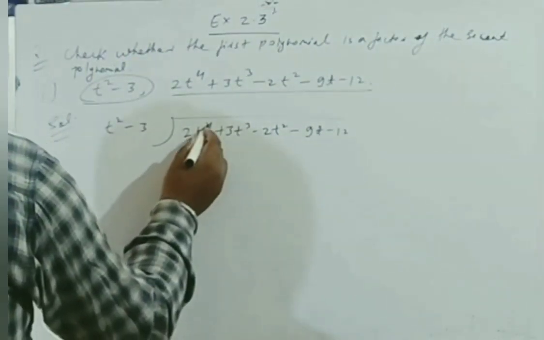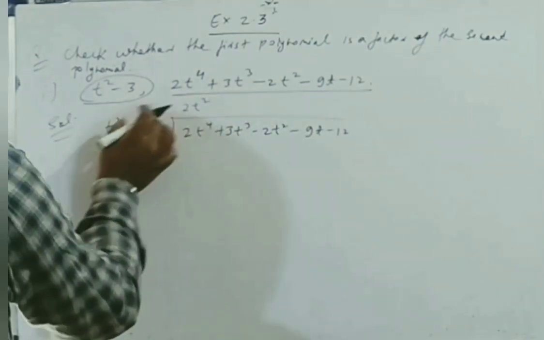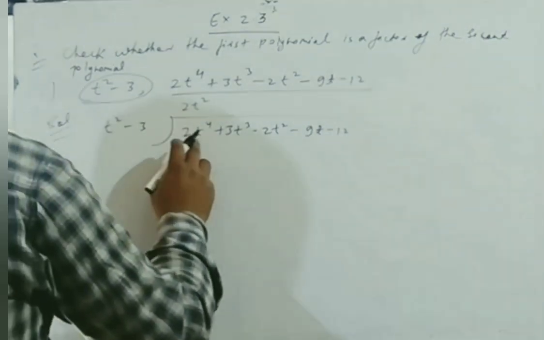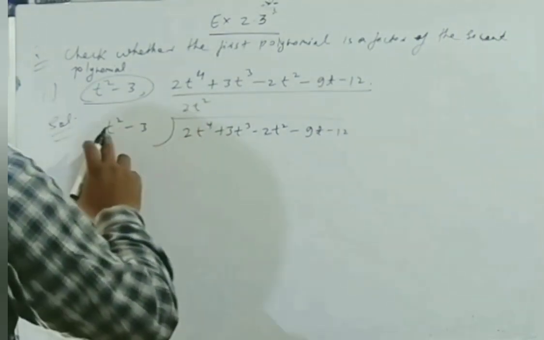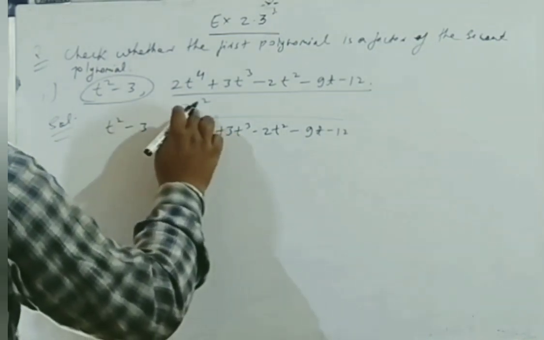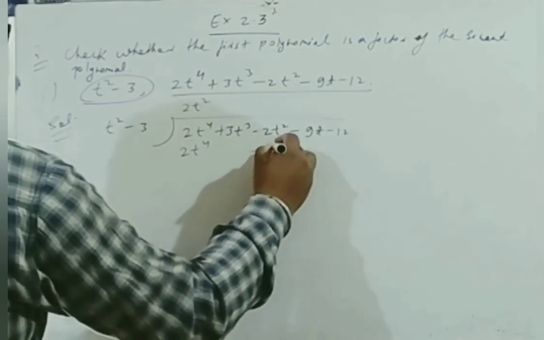So 2t square, because the first term will be 2t to the power 4. If you multiply t square minus 3 with 2t square, 2t square into t square gives 2t to the power 4, then 2t square into 3 gives 6t square. So you have to write here.